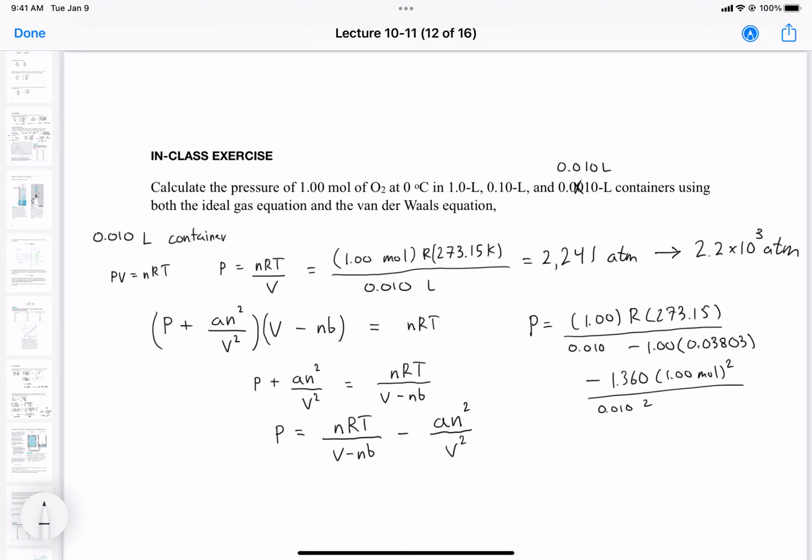So 0.010, minus 1.360. Interesting. I'm pretty sure I got this correct.